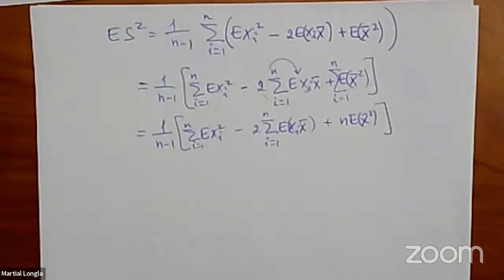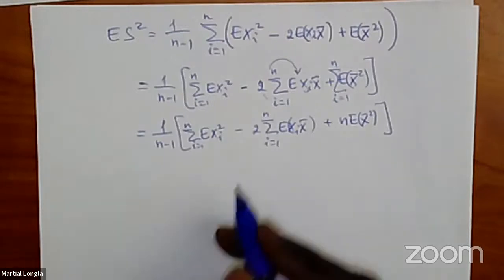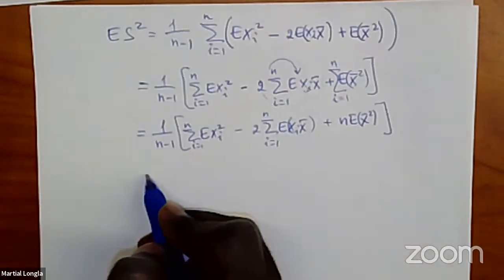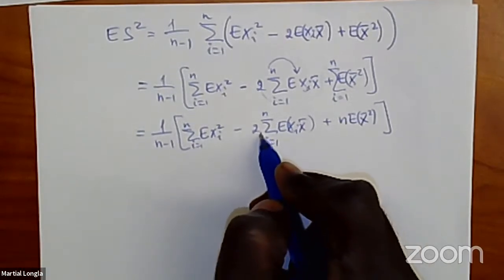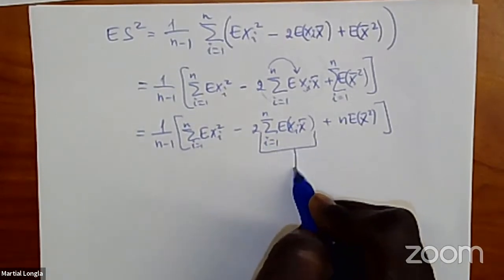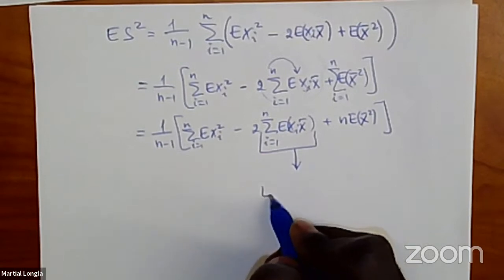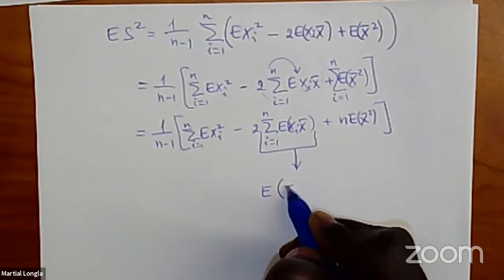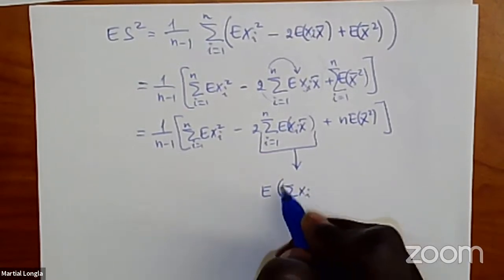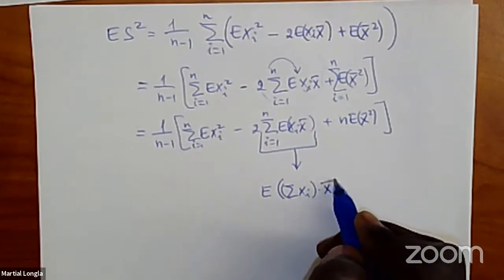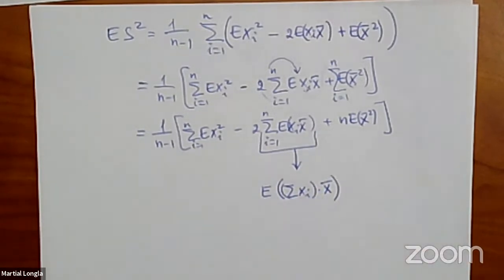Am I making sense? So right here, this piece is actually the expected value of the sum of xi's times x bar, right? Just by taking the sum inside the expected value.